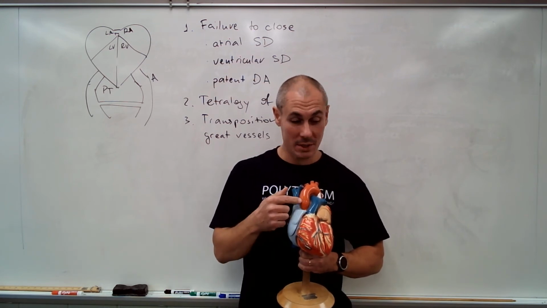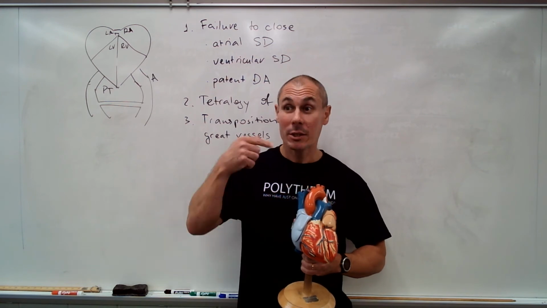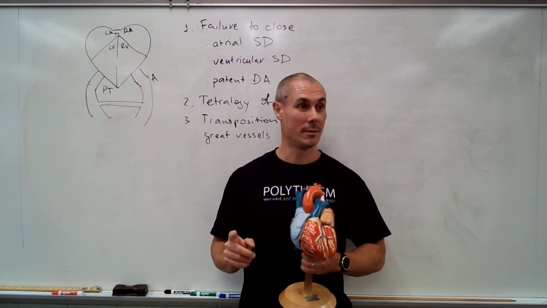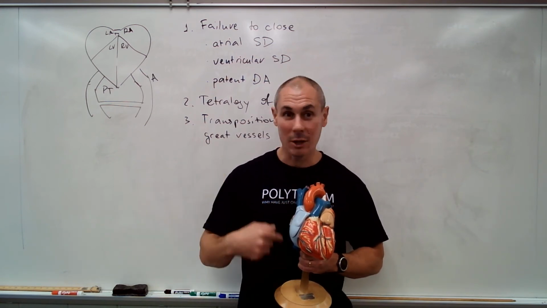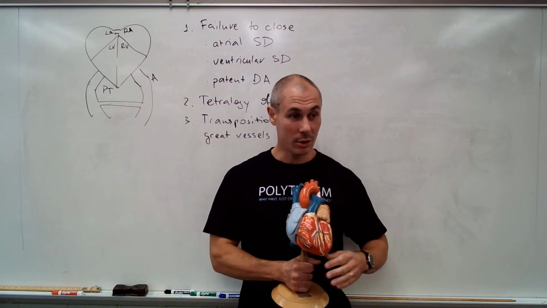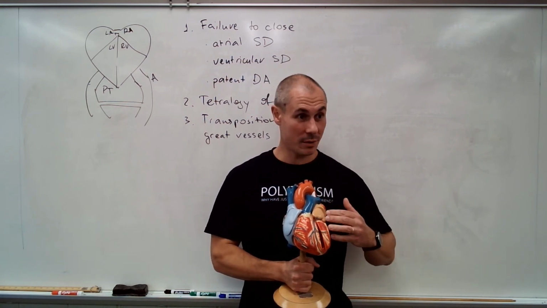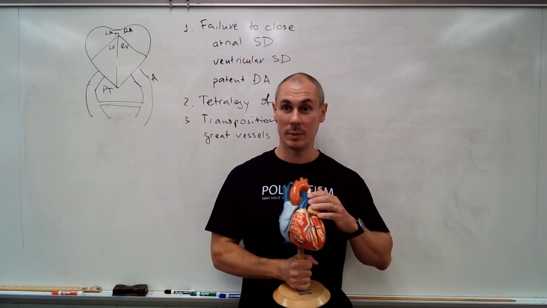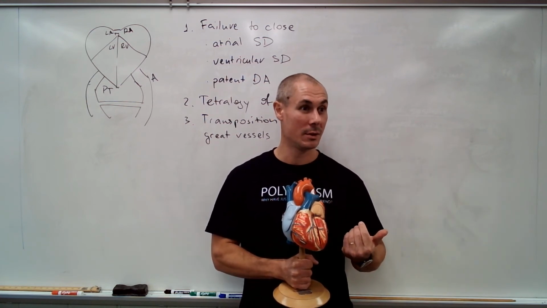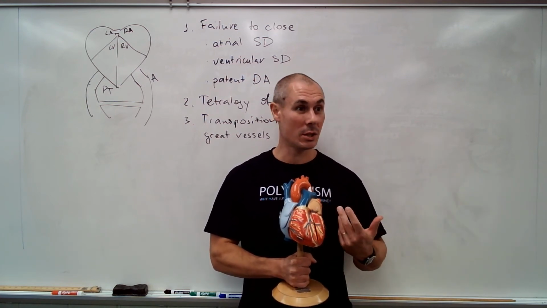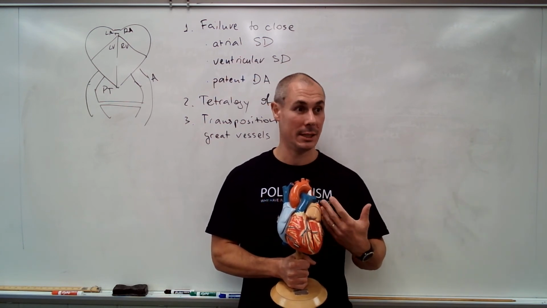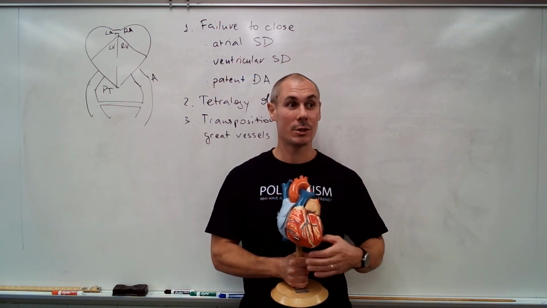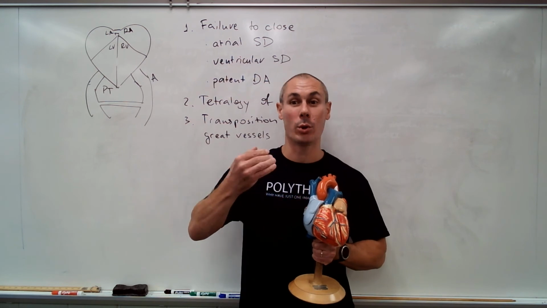The right ventricle pumps it into the aorta, and the blood goes back to the systemic circuit without passing through the lungs. And on the left side, blood returns from the lungs and gets pumped into the pulmonary trunk and returns to the lungs. And that's it. There's no mixing. The two circuits are completely isolated. This condition is incompatible with postnatal life.